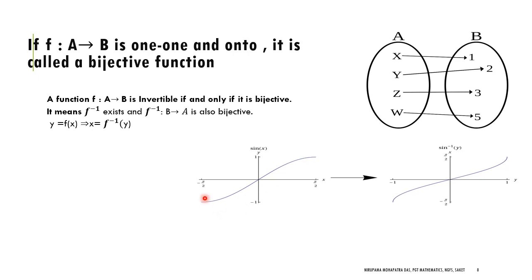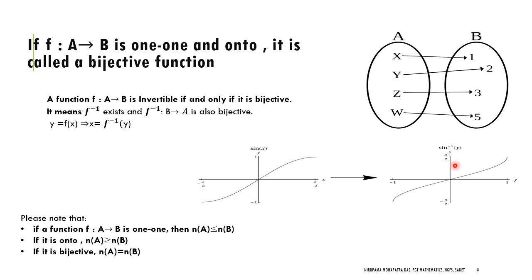Under this condition, when the domain is the closed interval minus pi by 2 to pi by 2, both inclusive, this is one-one, and the inverse function looks like this. It is sine inverse y. Y equal to sine x, x equal to sine inverse y.